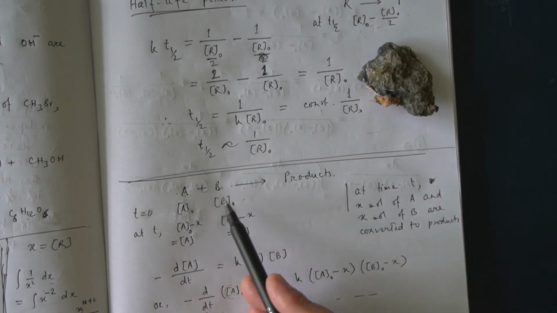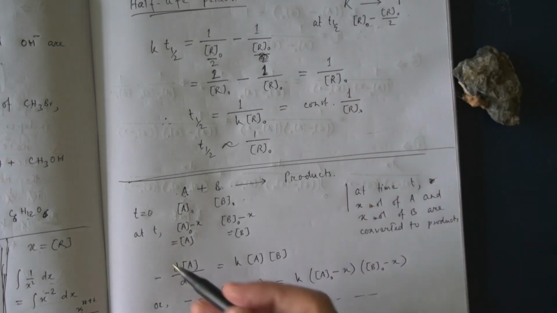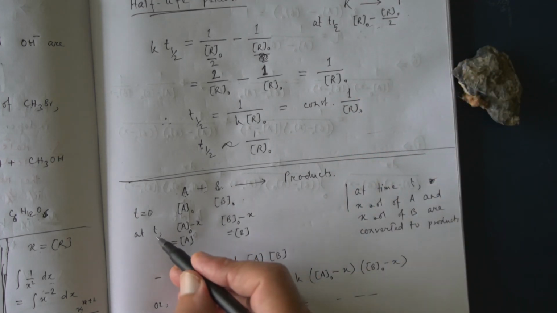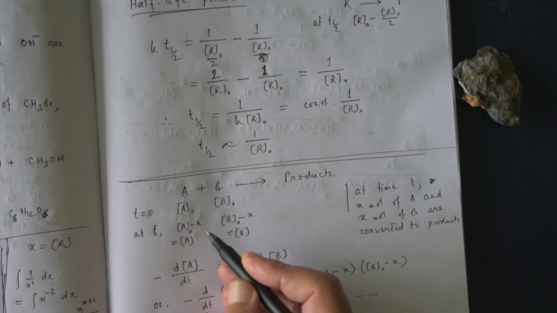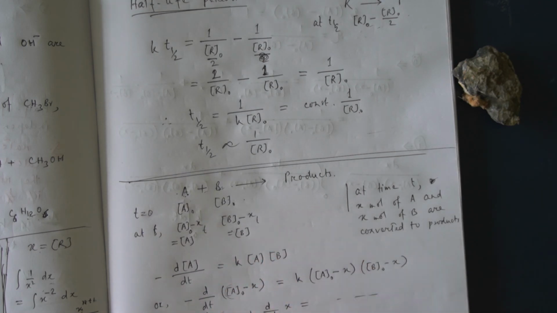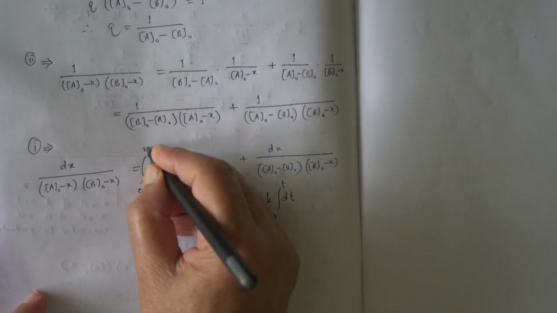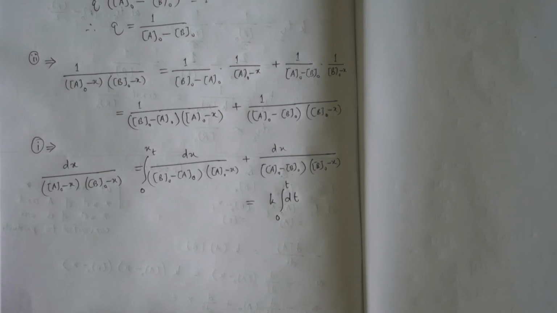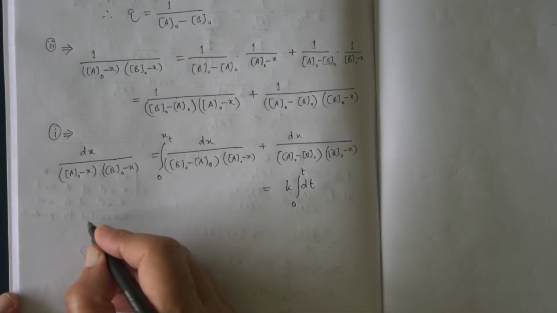That means x equals 0. And at time t, this will be equal to xt.